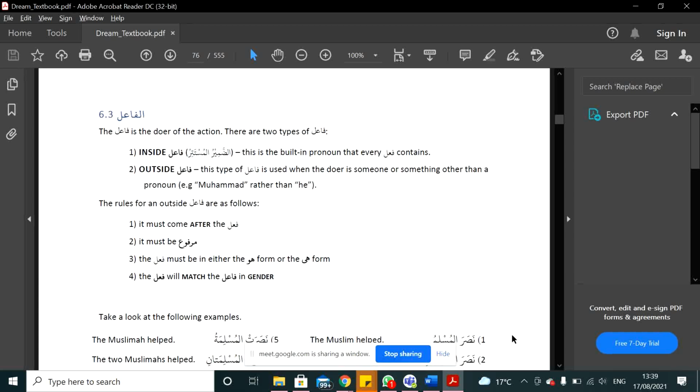If I say akalat, it means I ate. But if I say Hodma ate, how am I going to say that? If I have to use a noun, the name of a person or a thing, as a doer, then that has to be something other than the fi'l and pronoun combination, and that is why we call it an outside doer. The pronoun is an inside doer which is embedded, and everything which is a doer and not part of that fi'l and pronoun is an outside doer, something other than the pronoun.